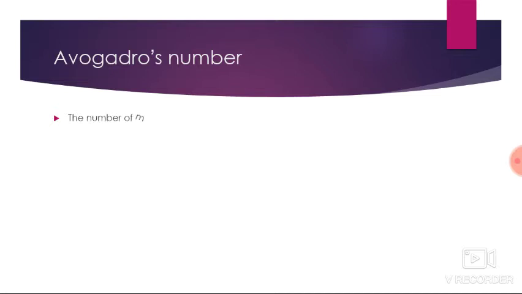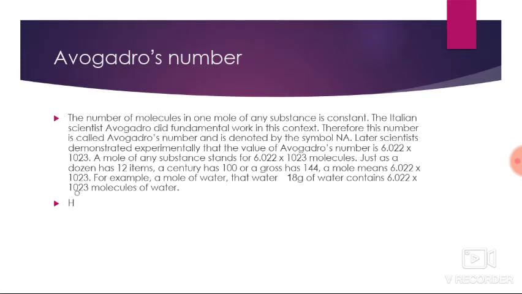That first is Avogadro's number. Avogadro is a scientist who has given a number that we are going to learn. He has given a number for obtaining the number of molecules. How many molecules are there? Let's see what exactly he has given. The number of molecules in 1 mole of any substance is constant.